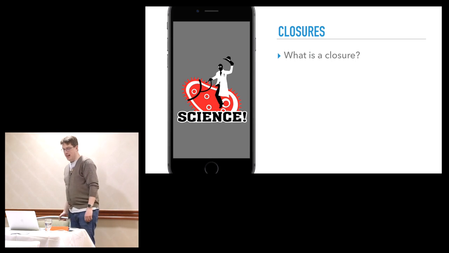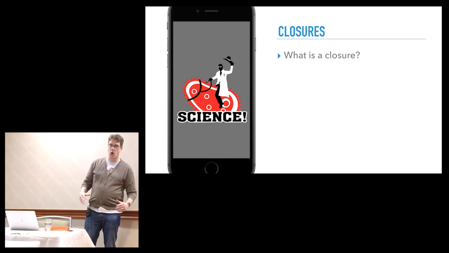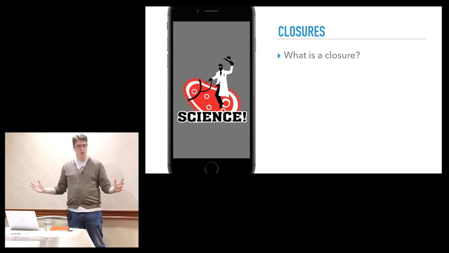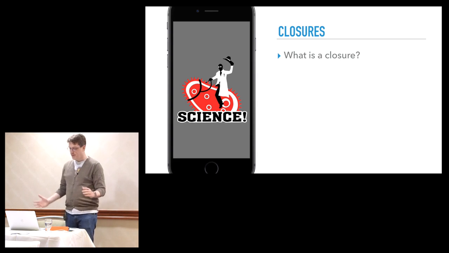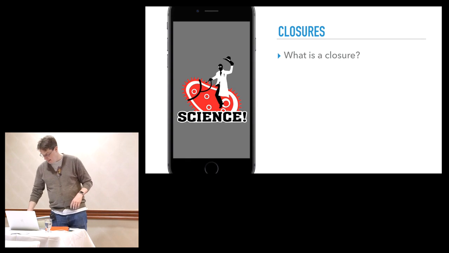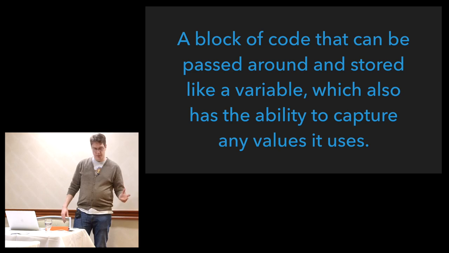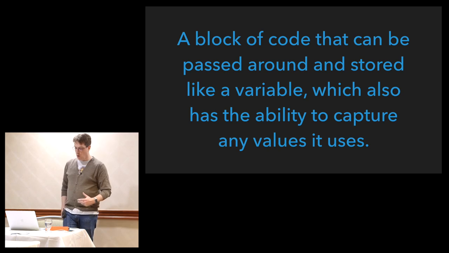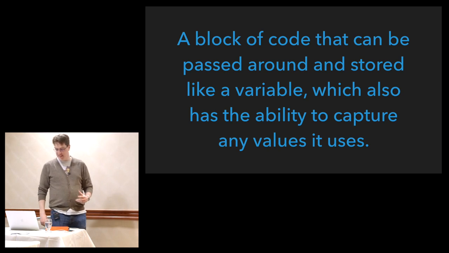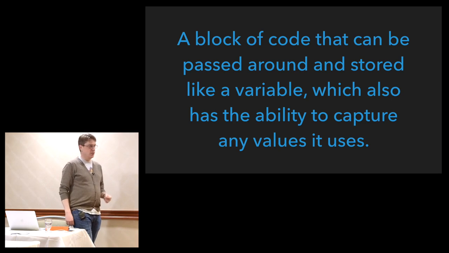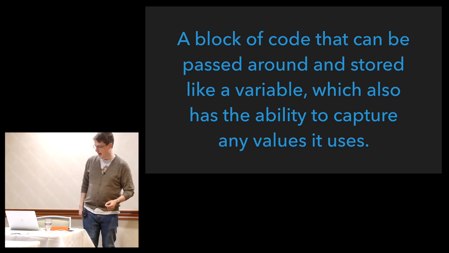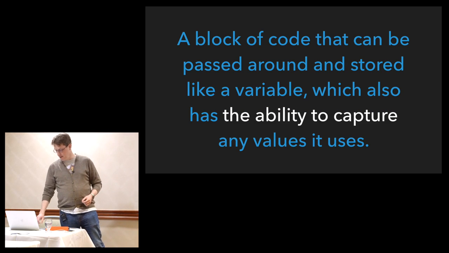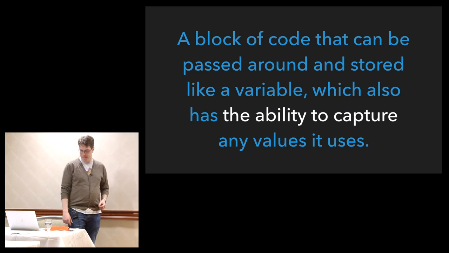So, let's start something real simple again. What is a closure? I've tried to define it for you here. It is a block of code that can be passed around and stored like a variable, which also has the ability to capture any values it uses. And this is the part that foxes some people.